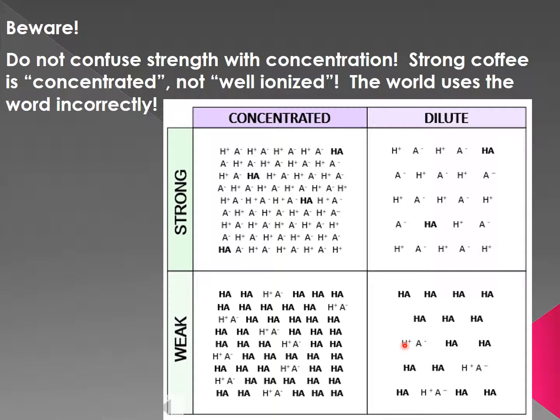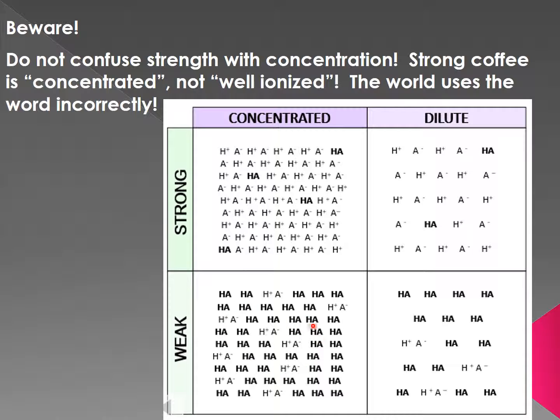It's the splitting of the HA into H and A that makes it strong or weak. If almost all of them have split, then it's a strong acid, regardless of how much there is. There can be a lot or a little. With a weak acid, most of the HA's have not split. Whether it's concentrated or dilute doesn't make it strong or weak.